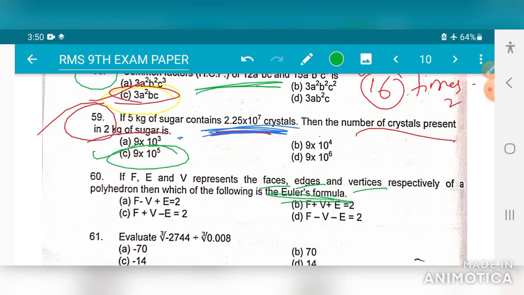This is the direct formula. What is Euler's formula? F plus V is equal to E plus 2. Taking the minus E to the RHS, it becomes plus E. So this is the correct answer.